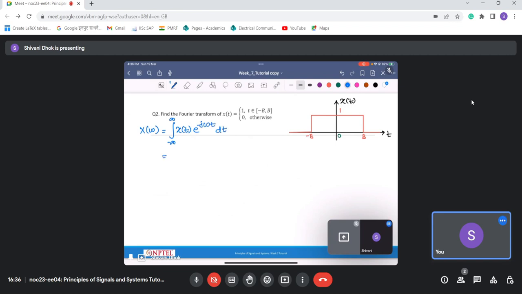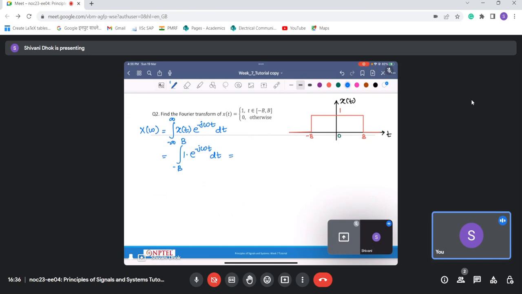Now if I substitute this, it can be observed that it takes non-zero values only for a range of minus b to b. So I can change the limit of these integrals from minus b to b, and in this region it takes the value 1, it is 0 otherwise, into e^(-j omega t) dt.